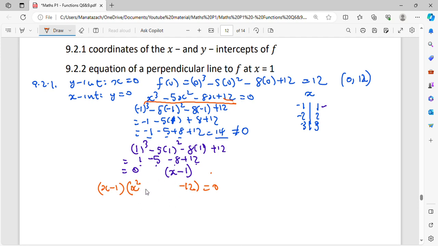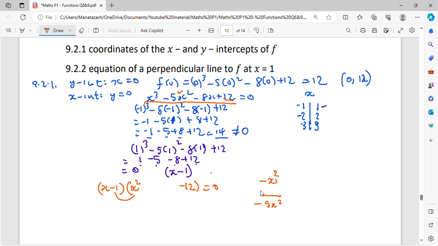The way you're going to find the middle term is that you multiply x and x squared and minus 1. You'll have minus x squared, right? So remember, the middle term must give us minus 5x squared.